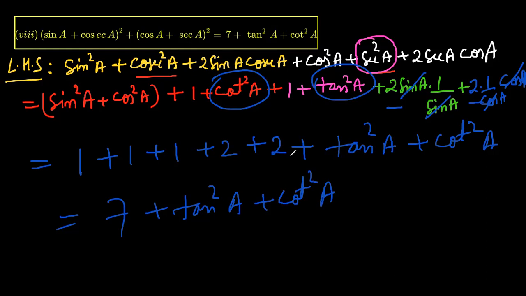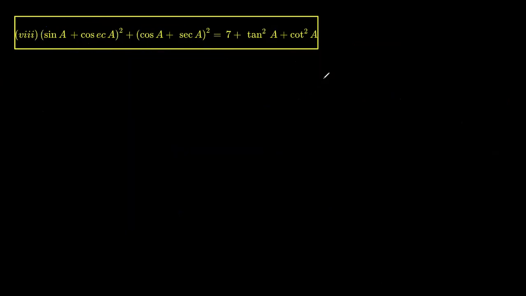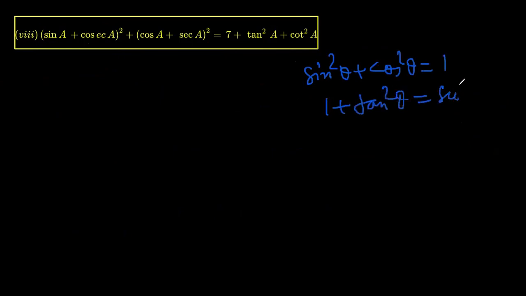So it was simple, just apply A plus B whole square. And the trigonometric identities that we applied, all three: sin square theta plus cos square theta equal to 1, 1 plus tan square theta is equal to sec square theta, and 1 plus cot square theta is equal to cosec square theta.